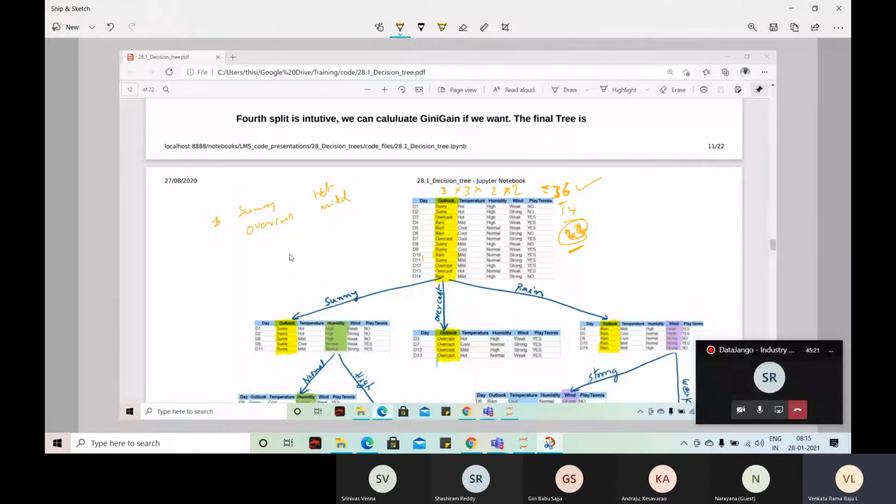How many records, how many combinations can we get? 4. Sunny hot, sunny mild, and overcast hot, overcast mild. Like that. Now there are three distinct values in outlook, three in temperature, two in humidity, two in wind. The total number of combinations you can get is 36. The total number of distinct records you can get is 36. Do you agree? Yeah.